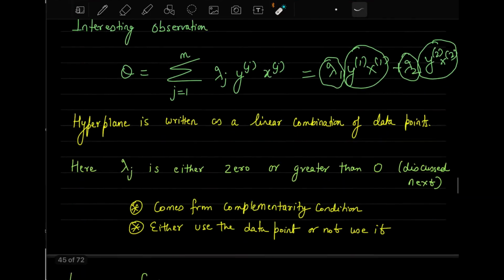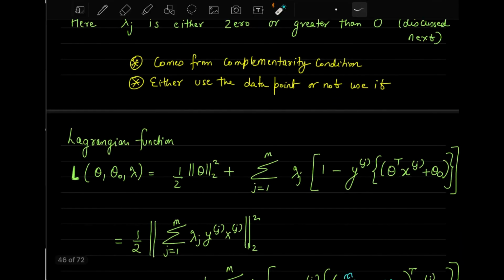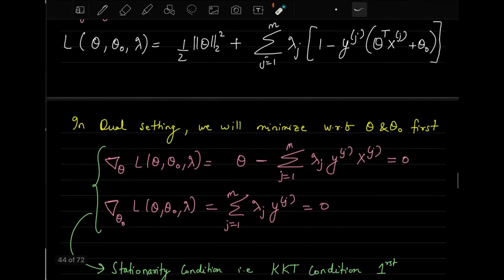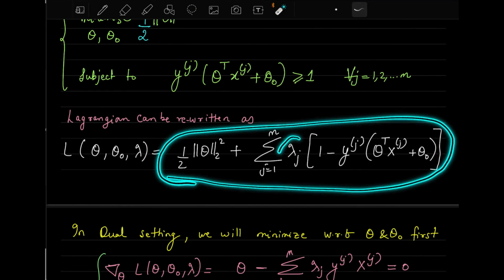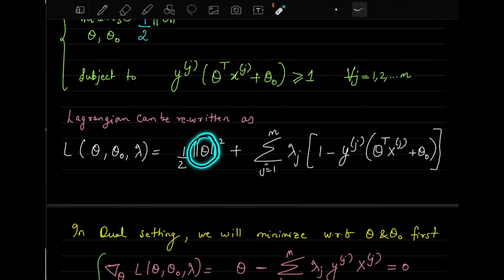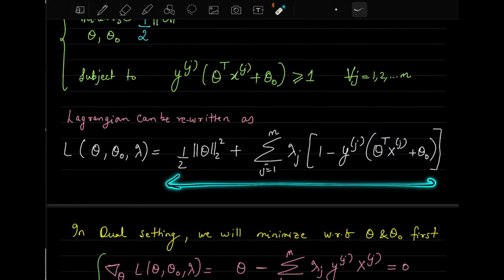So that is what I am doing here. If you see this Lagrangian function which is given over here, I will replace theta with the values of theta which we have obtained just now. I will put the values of theta here and write all this expression in terms of lambda.